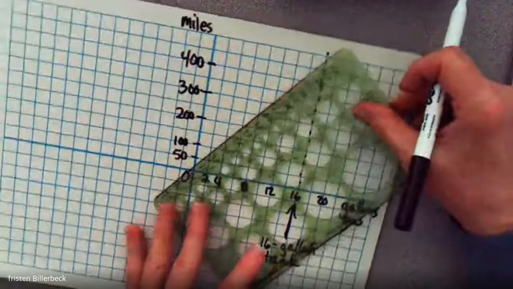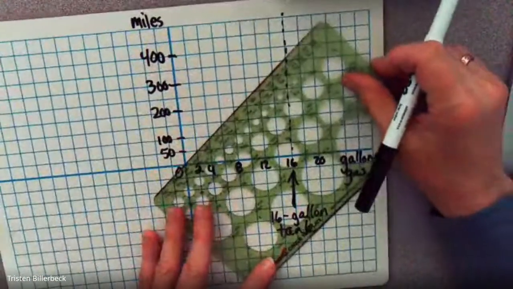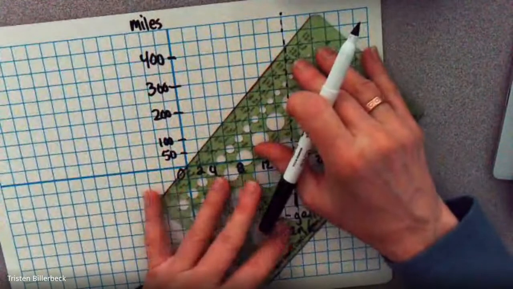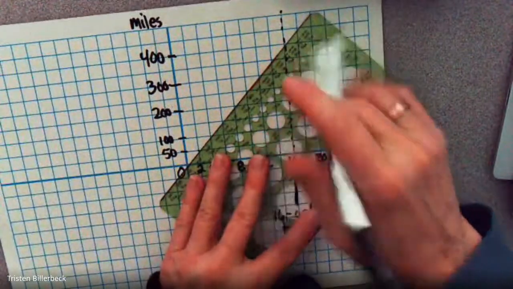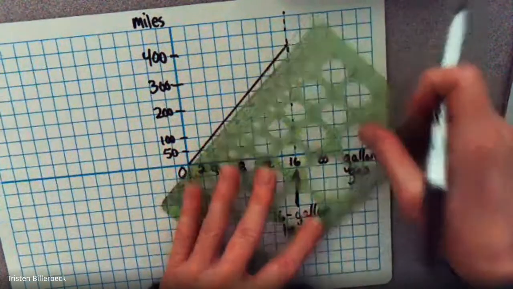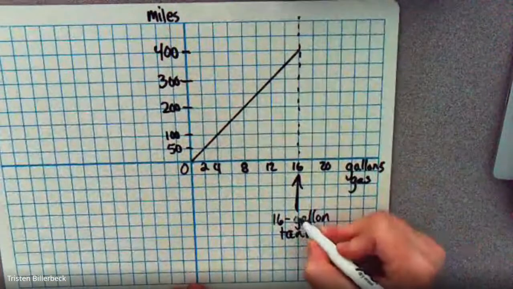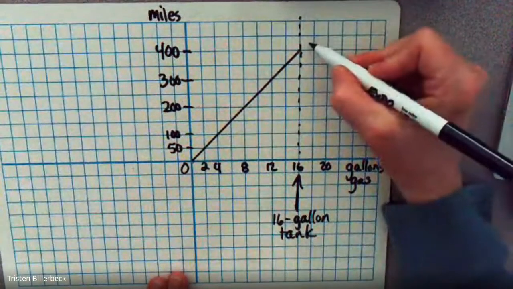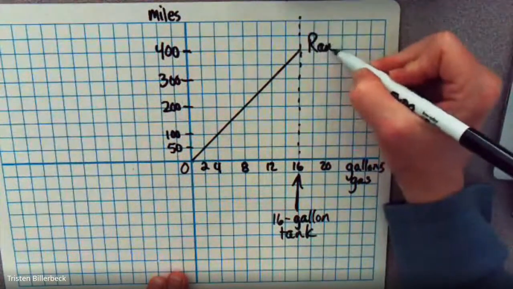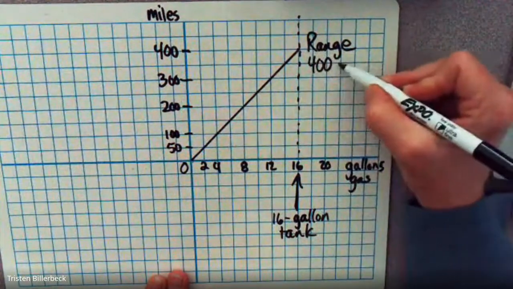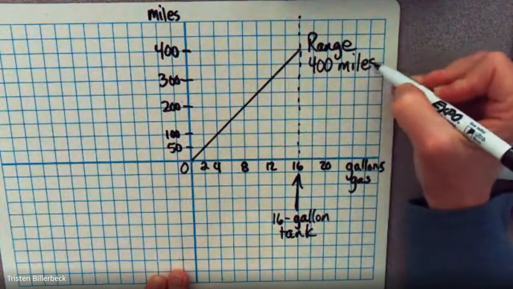And we know the slope is just going to be like this. That makes complete sense too, because most modern cars have a range of 400 miles. Now you've learned something.